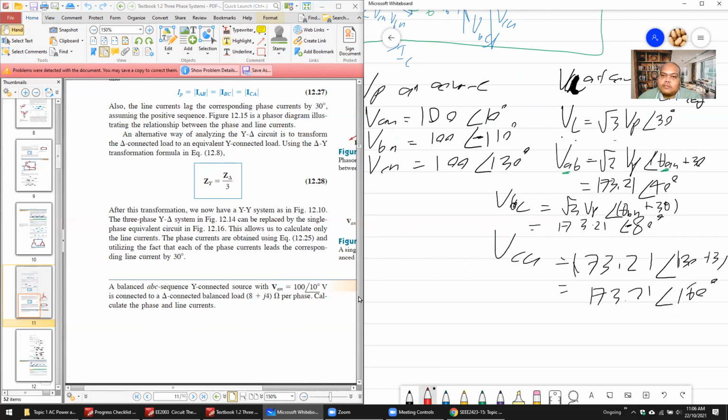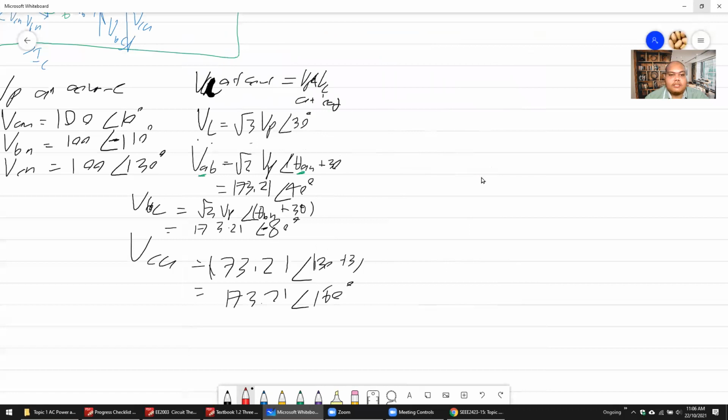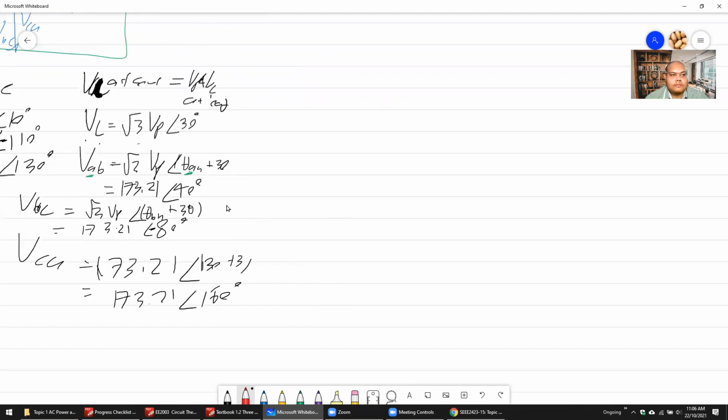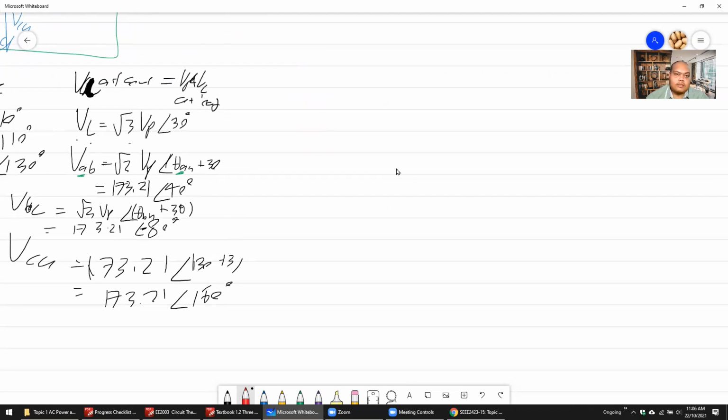Okay. So now, maybe I make it larger. So phase current. Okay, when you want to calculate phase current, I phase, make sure you have the phase voltage, this one phase voltage at the load. Okay, phase voltage at the load and the load itself.